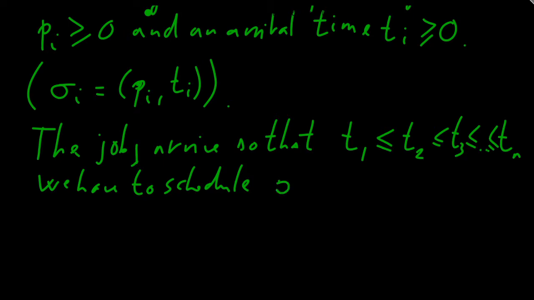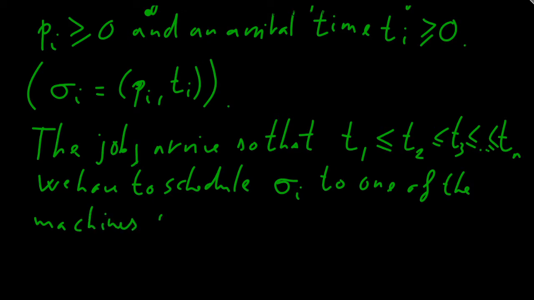So we have to schedule sigma i to exactly one of the machines, in a time slot, say from ti prime, let it be a closed interval, to ti prime plus pi.